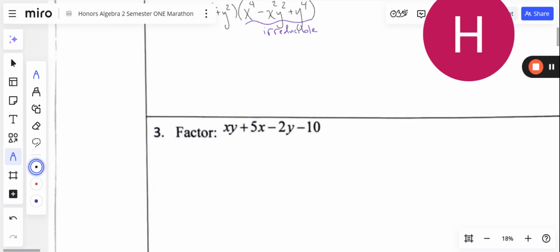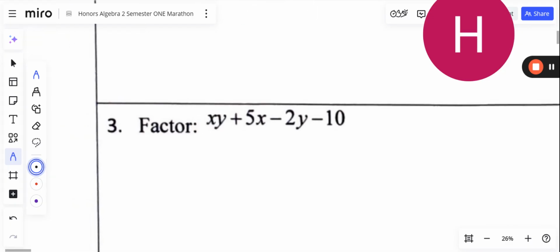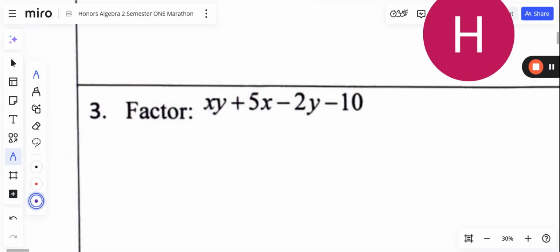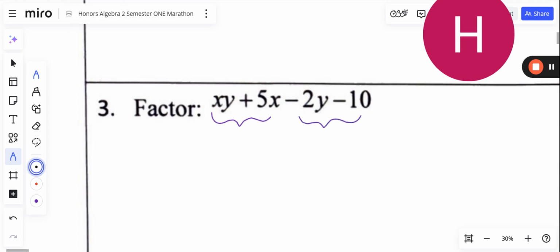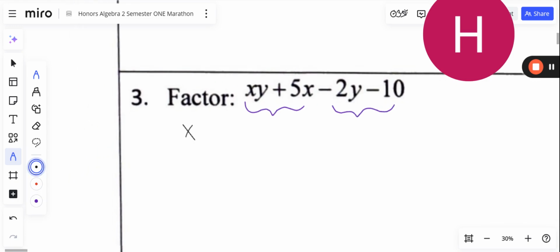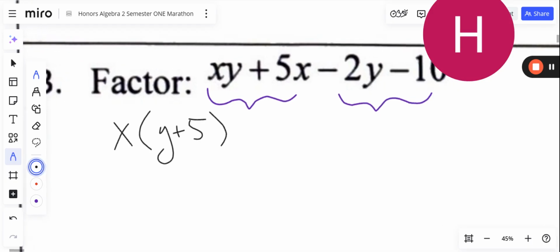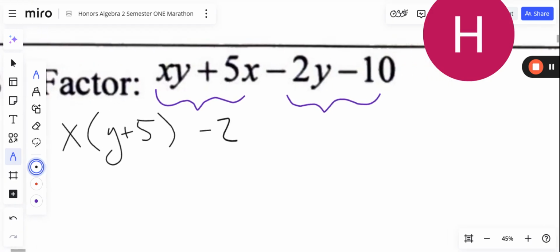Okay, number 3. Factoring this, we're going to employ the grouping method of factoring, where we have 4 terms, and that always kind of smells like grouping. We're going to group these together 2 at a time, and we're going to factor something out of each group. So here x comes out of the first group, leaving us with y plus 5. And then we should be able to factor something out of the second group such that it leaves the same y plus 5 factor.